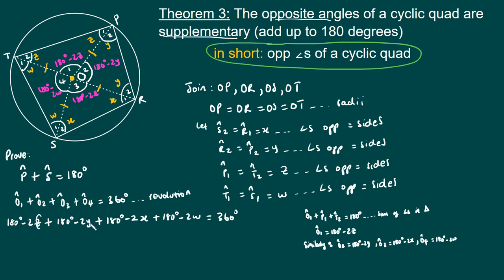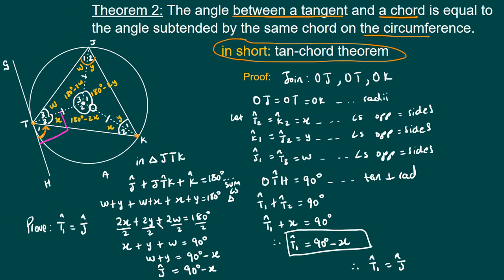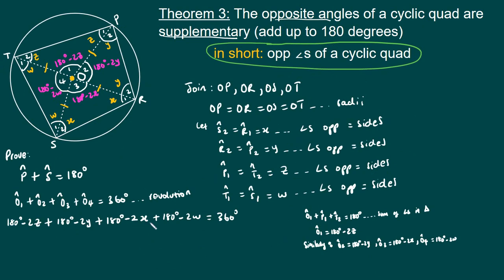You must just have z, y, x, w, and you are good. And on others, you just had 2x, 2y, 2z. This time you have 2x, 2y, 2z, 2w, but you're just putting 180 minus in front of each. Good. I'm just trying to make sure you see the link to these theorems, all of them.